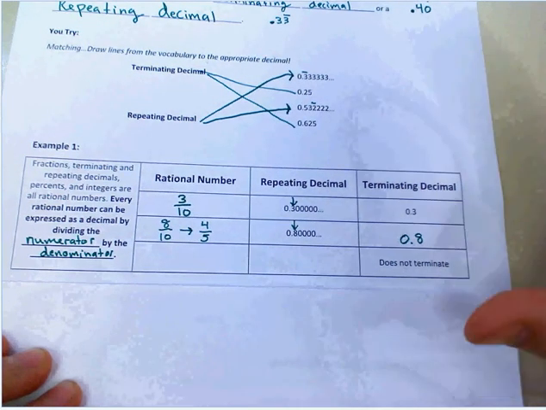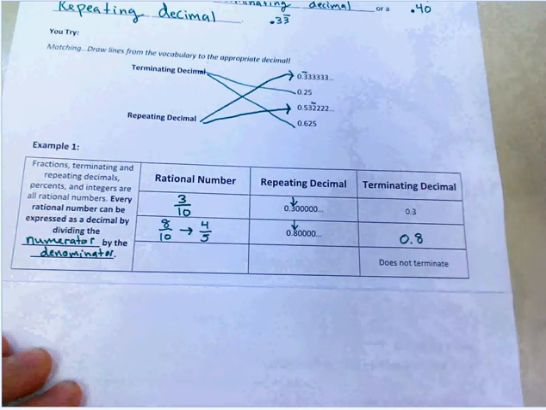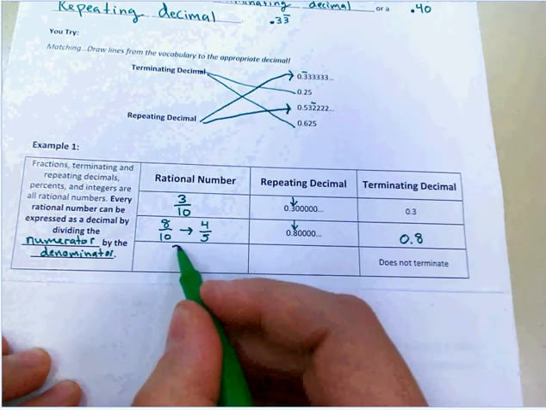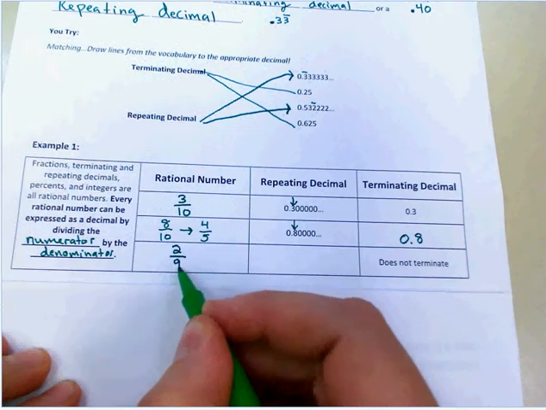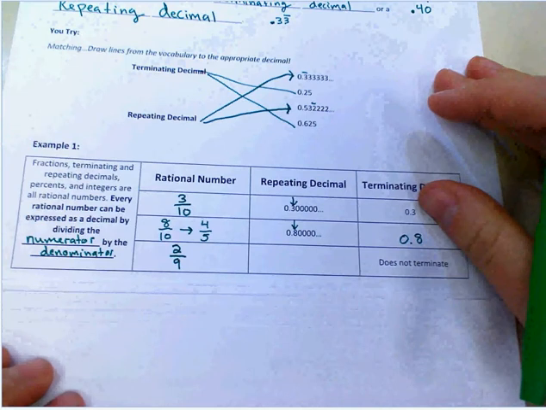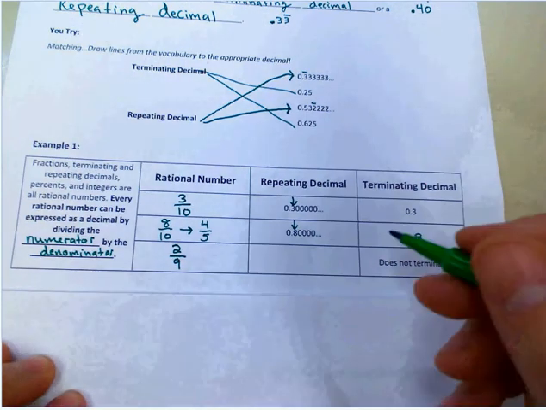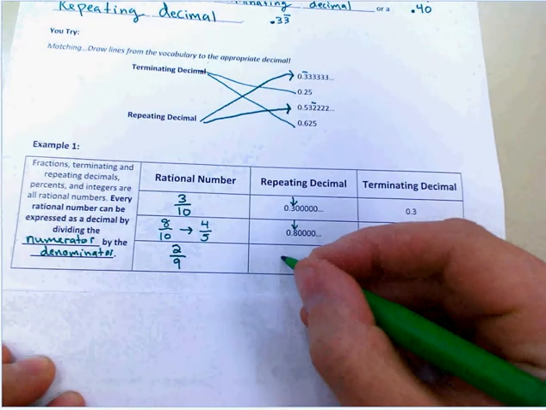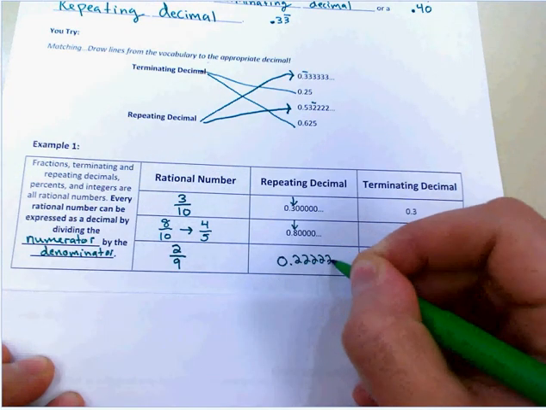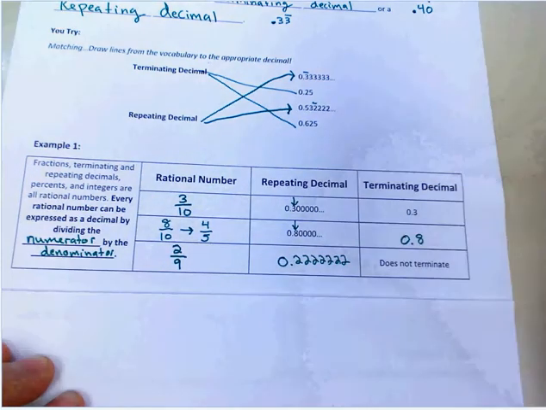So I'm going to give you an example of a rational number that does not terminate. I'm going to go with 2/9. Okay. With 2/9, its repeating decimal is 0.2222222 all the way through.